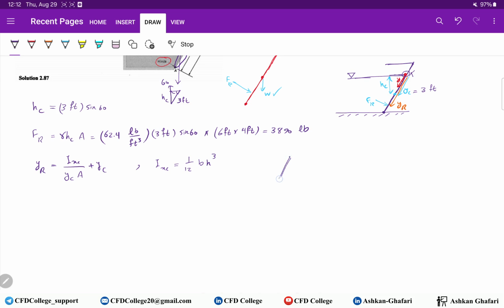So if this is the gate, this is H, and in the third dimension we have B, the width. So YR equals 1/12. B is 4 feet.